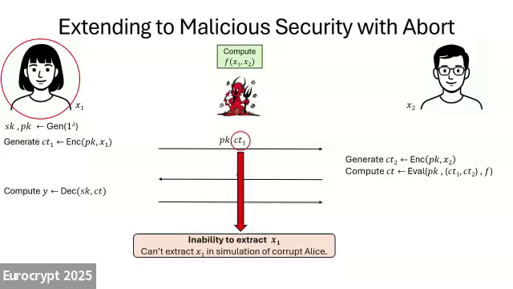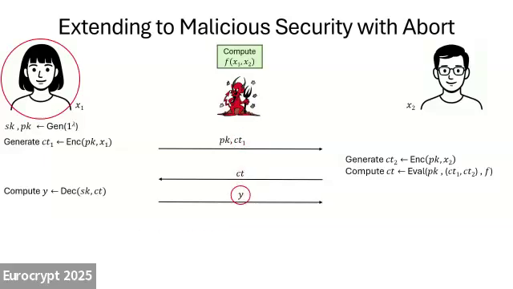The second issue that we face when Alice is corrupt is that when we try to construct a simulator for Alice, it's difficult to extract the input x1. So in the next slide, I'll describe how we modify this protocol so that we can extract the effective input with which Alice has participated in this two-party computation.